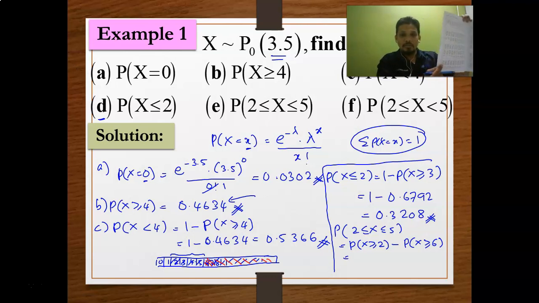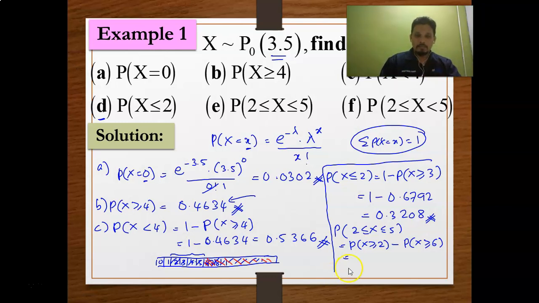Look at 2 here, and then find where it intersects with 3.5. From here, it gives you 0.8641.